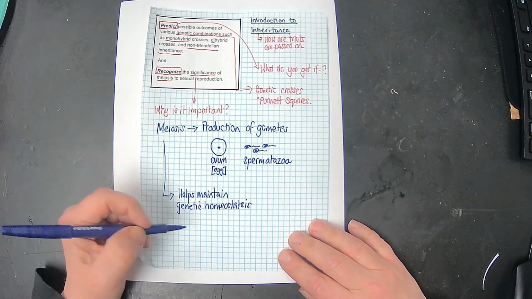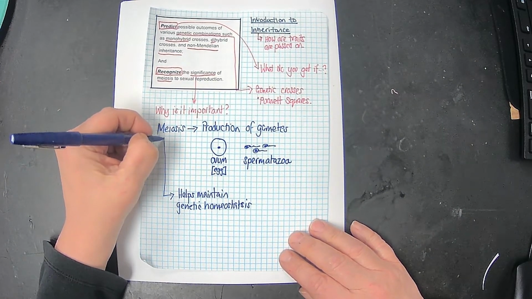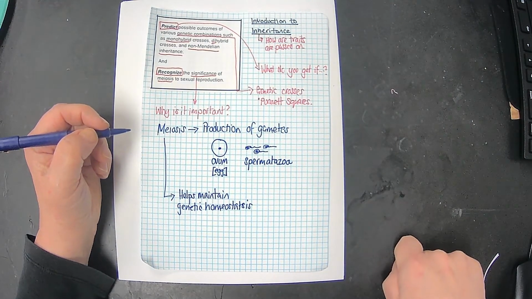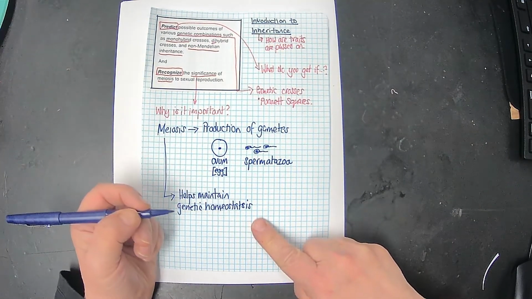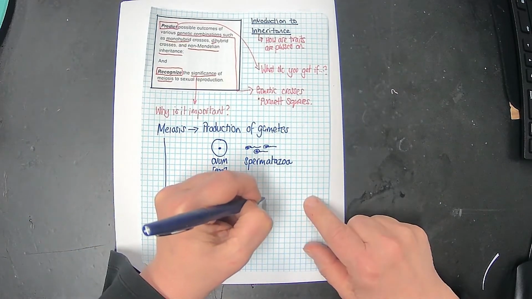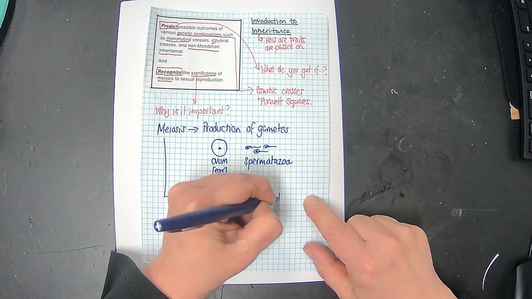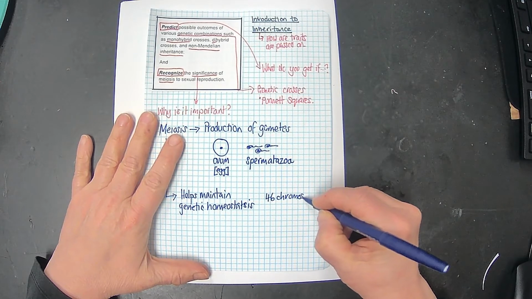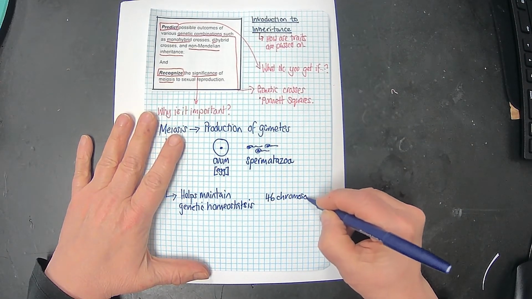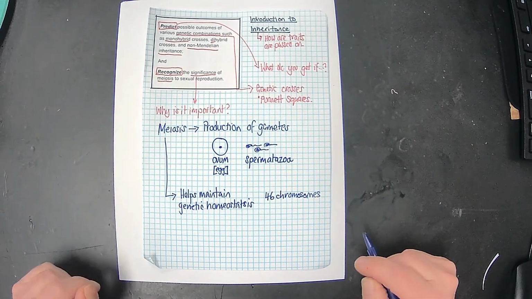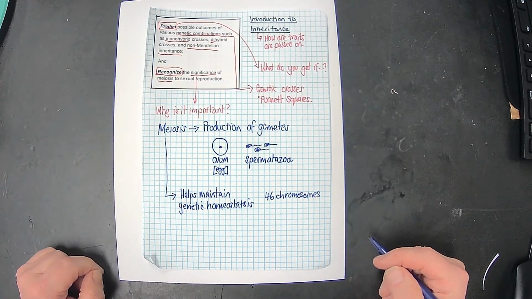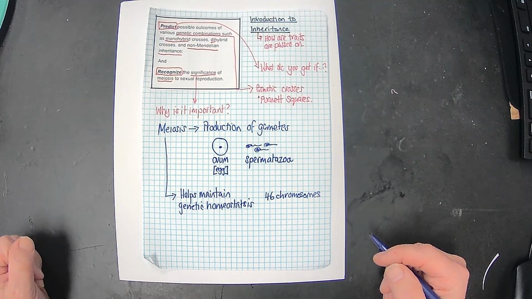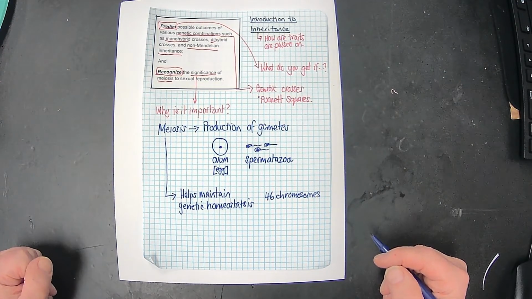If you remember from when we were talking about the cell cycle, in prophase, the DNA coils up to make chromosomes. For example, in humans, a complete set of chromosomes would be 46 chromosomes. Meiosis ensures that you have 46 chromosomes in every cell in your body. Your parents have 46 chromosomes in every cell of their body.